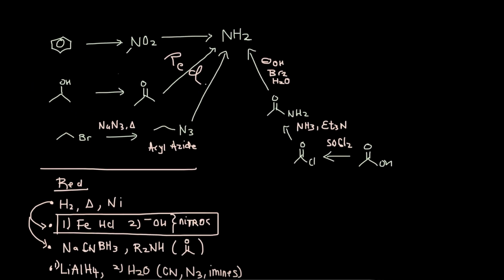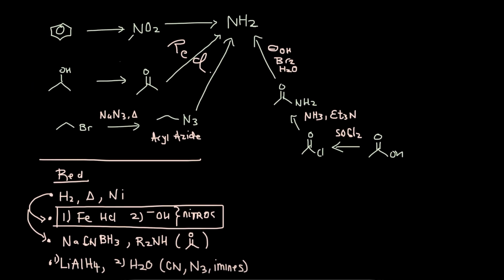Okay, so this is everything you need to know to make amines. I'll have part 2 on reactions involving aromatic amines, but the major takeaway from this video is just to know this flowchart so that on the exam when they give you a starting reactant, you know what you need to do to get to that amine.